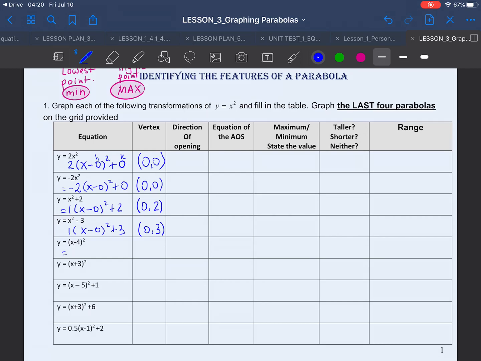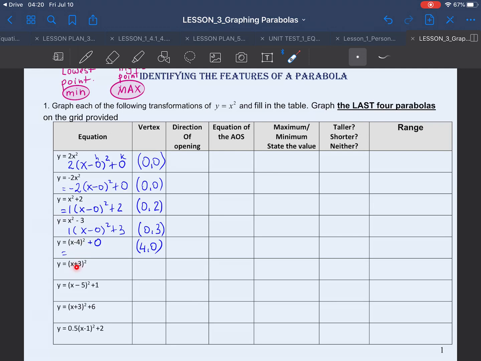Next question, y equals (x minus 4) squared. I don't see the constant here, but I see that there is something subtracted inside the brackets. So I see the h, not the k. So I'm going to add the k of 0. It won't change the equation. And now I can see that h is 4, k is 0, right? So (4, 0).